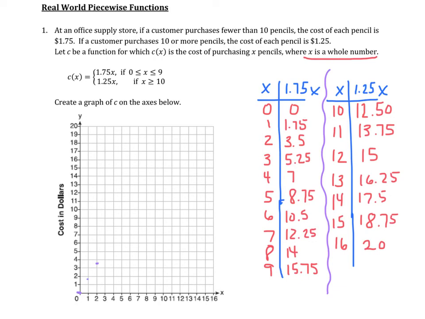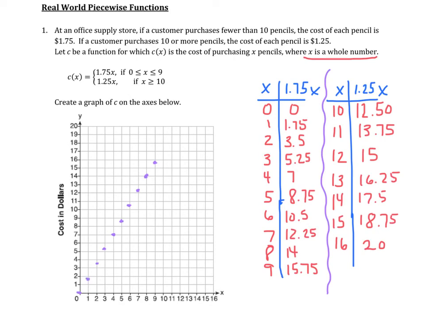No, 3 is 5 1/4. 4 is 7, so that's a nice whole number one. 5 is 8 3/4. 6 is 10 1/2. 7 is 12.25. 8 is 14. 9 is 15 3/4. Okay, so I have those points plotted all the way along.